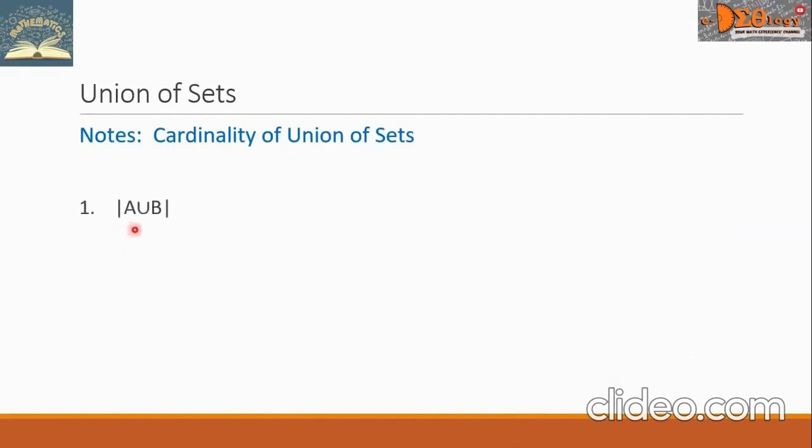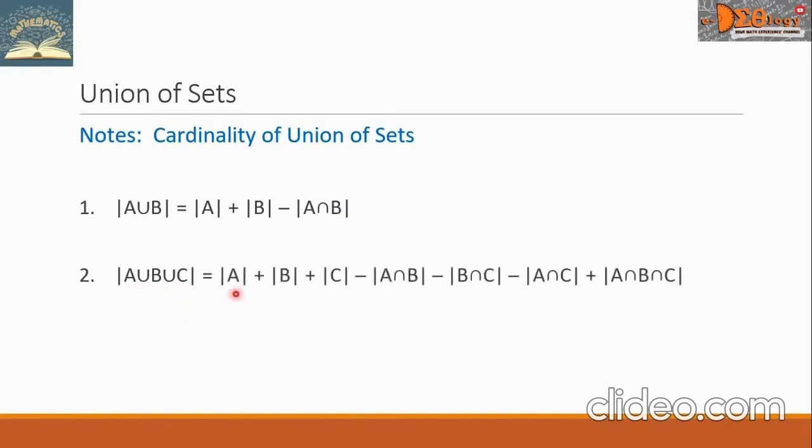First, the cardinality of A union B is given by this formula: cardinality of A plus cardinality of B minus the cardinality of A intersect B. Number 2, the cardinality of the union of three sets, let's say A union B union C. The formula is this: cardinality of A plus cardinality of B plus cardinality of C minus cardinality of A intersect B minus cardinality of B intersect C minus cardinality of A intersect C plus cardinality of A intersect B intersect C.